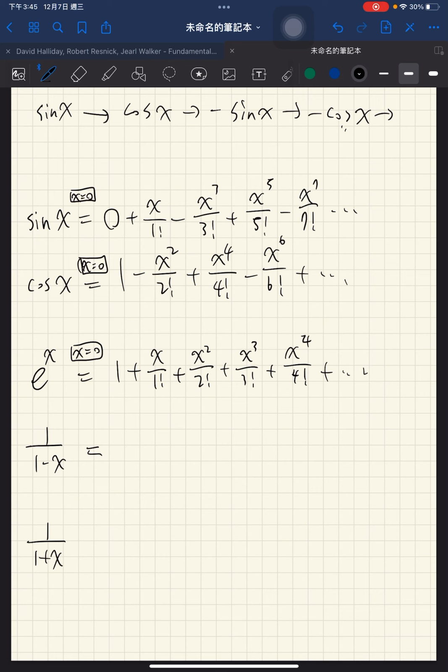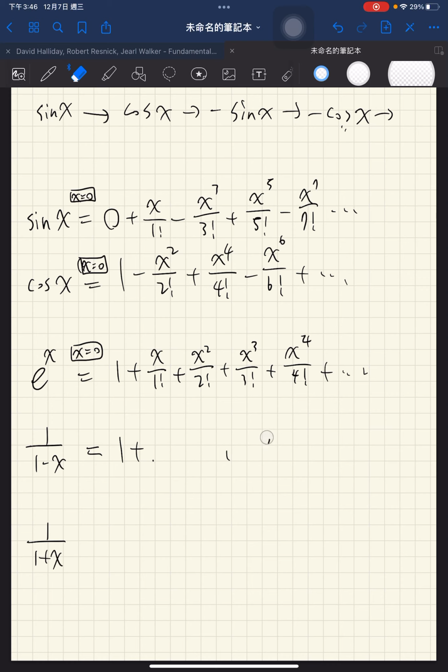It's a power series, just like we learned: 1 plus r, where the ratio is r, and when r is between 0 and 1, we get infinite terms of the power series. The sum of the power series will be just 1 over 1 minus x.